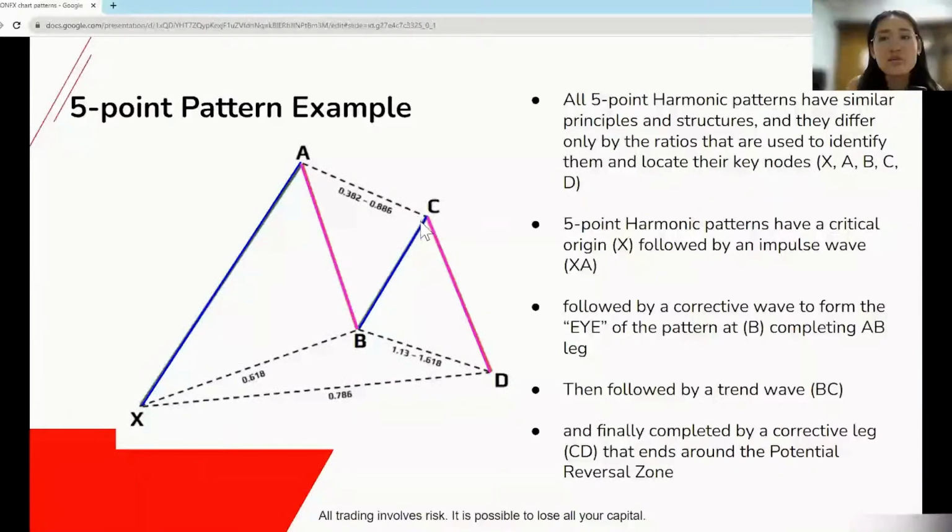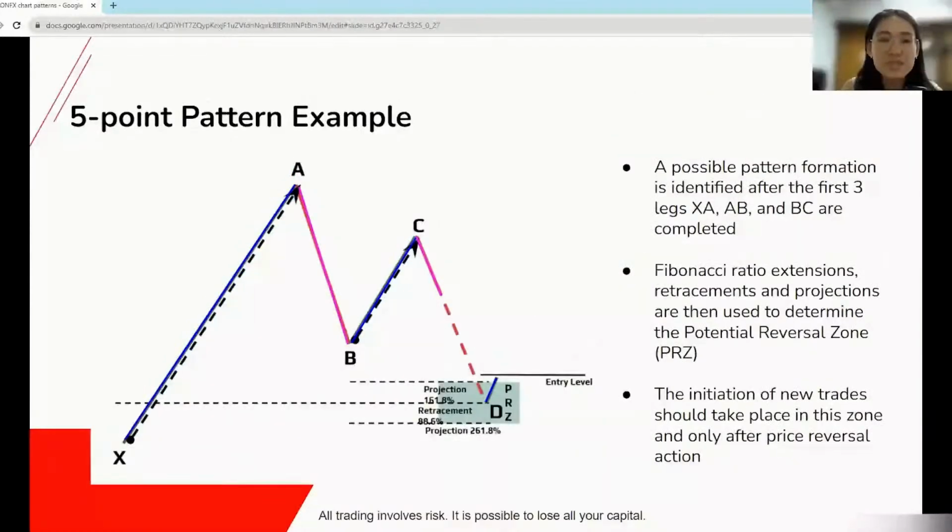Then, ignore this line, it is finally completed at the corrective leg, CD, and we call this the potential reversal zone. We call it that because we're expecting price to break out of this neckline area in order to give us downside confirmation. Even though it looks a little bit more complicated, it's basically about the same as we talked about earlier.